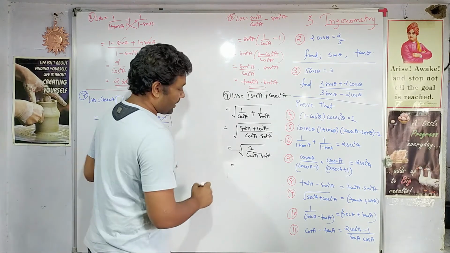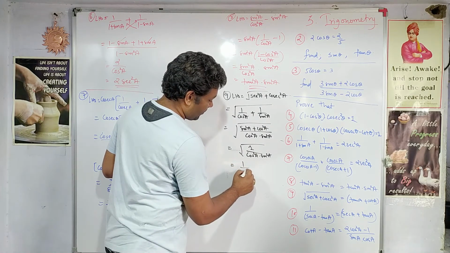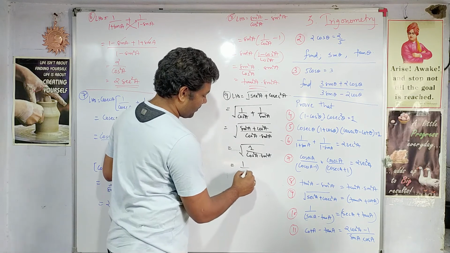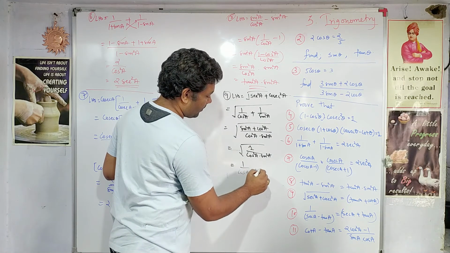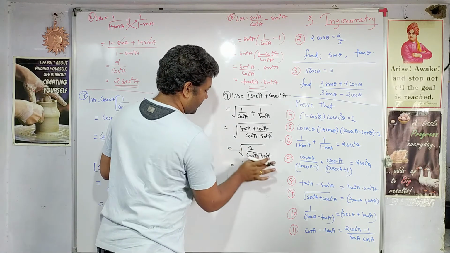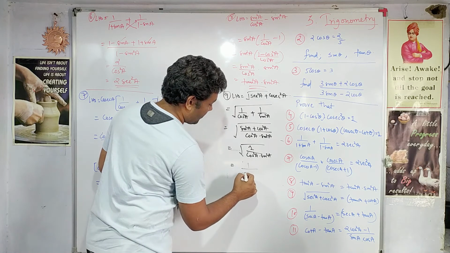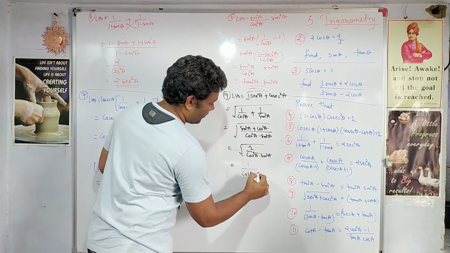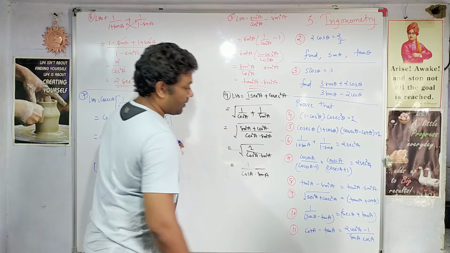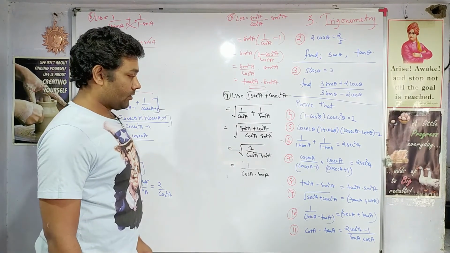So this can be written as 1 upon cos A dot sin A. If we remove the square root, this can be written as 1 upon cos A dot sin A. Now, if we refer to the question, we want tan and cot.